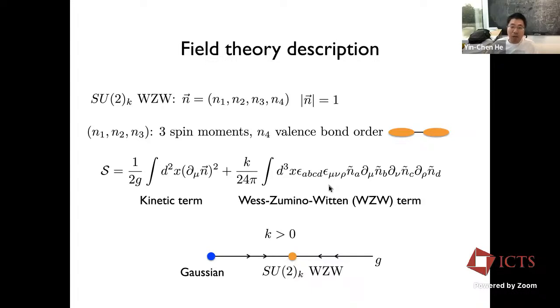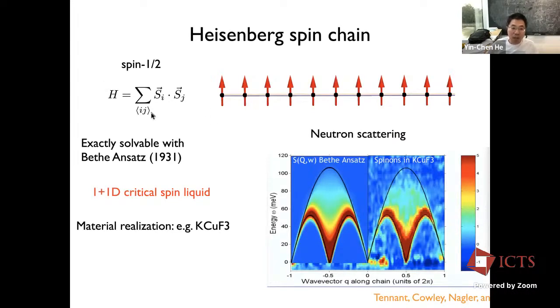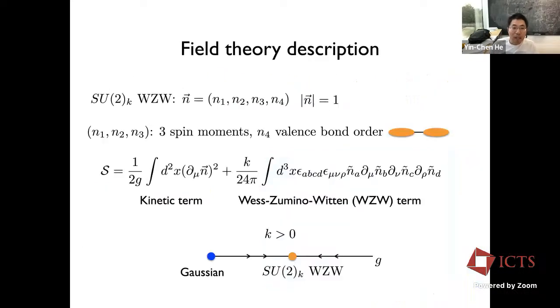One description useful for this talk will be the so-called nonlinear sigma model description. One thing I forgot to mention is that this critical spin liquid is described by the SU(2) level 1 Wess-Zumino-Witten CFT. And for general SU(2) level K Wess-Zumino-Witten CFTs, you can write down a nonlinear sigma model with a unit 4-component vector. Physically, it's very easy to identify what those 4 components are. The first 3 components are nothing but the spin order, the spin moment.